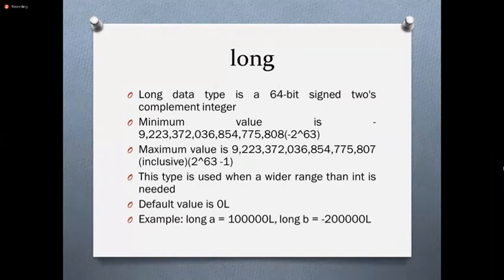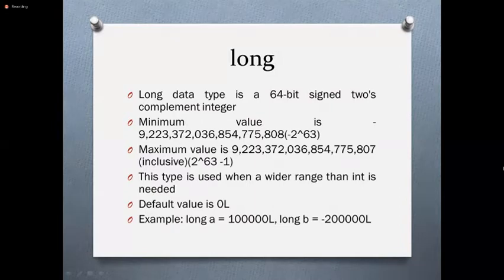The default value is 0L, right? As an example in a program, you can declare a long variable in this manner. Data type is long, assign 100,000 with capital L, right?